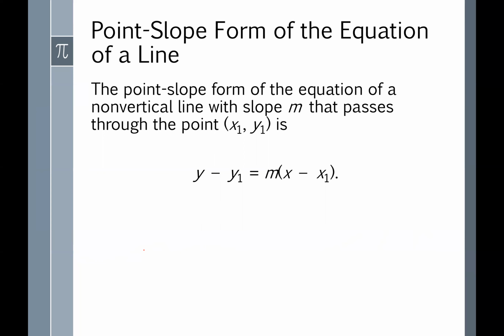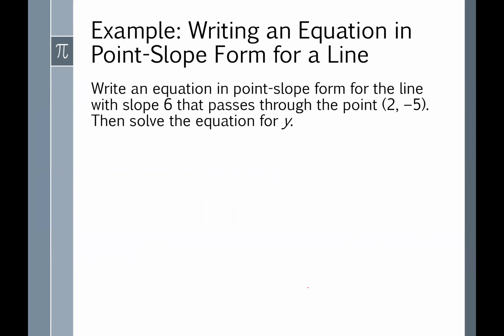The first formula you have is the point slope formula of the line. If you're given 1 point and you know the slope, you can find the equation of the line.